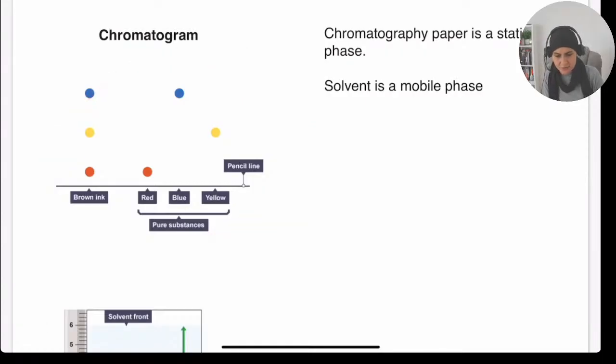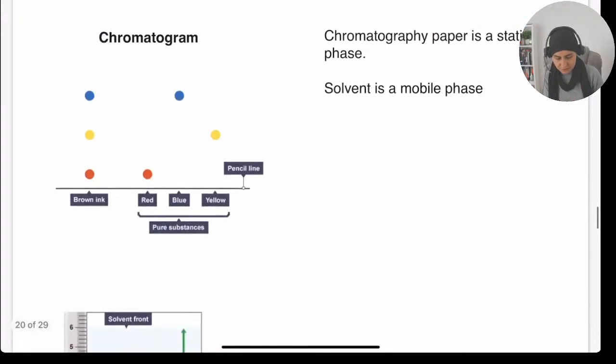For example, let's say you had a brown ink here, and you see that it's separated into three spots, so it consisted of three different dyes: red, yellow, and blue. If it's not dyes, if it's something like a mixture of amino acids, you could also run controls together with your sample.